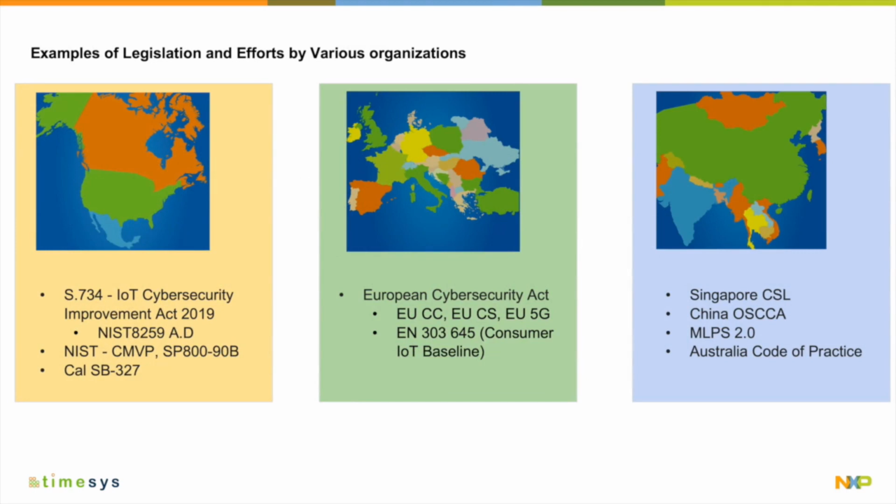Next, let's talk about examples of various legislation and efforts by various organizations. There are a lot of legislative work done, which is regional. Starting with Americas, we have the IoT Cybersecurity Improvement Act of 2019, driven by NIST Laboratory. There are also different regional bills that take into account security requirements.